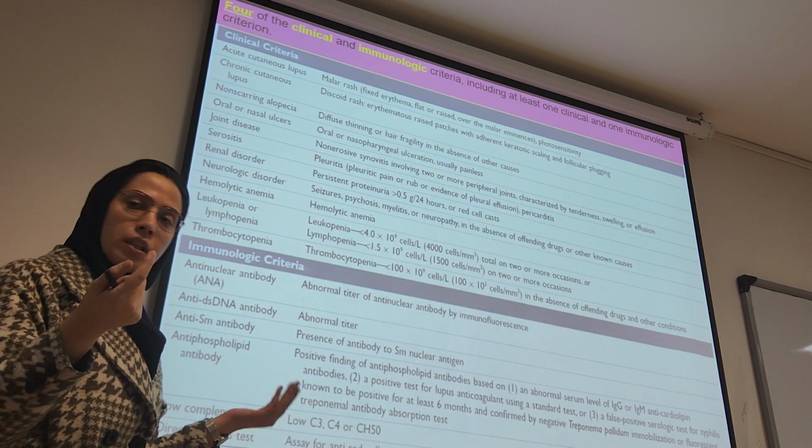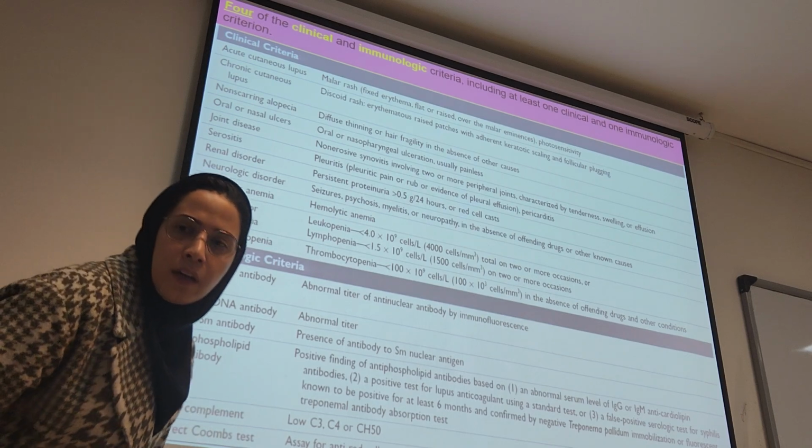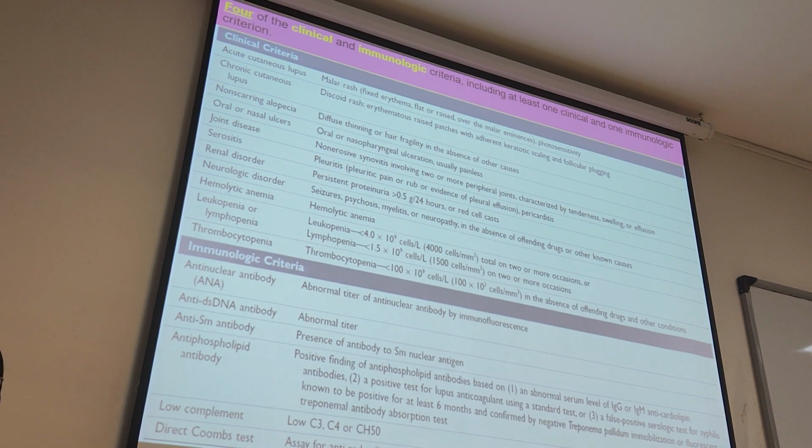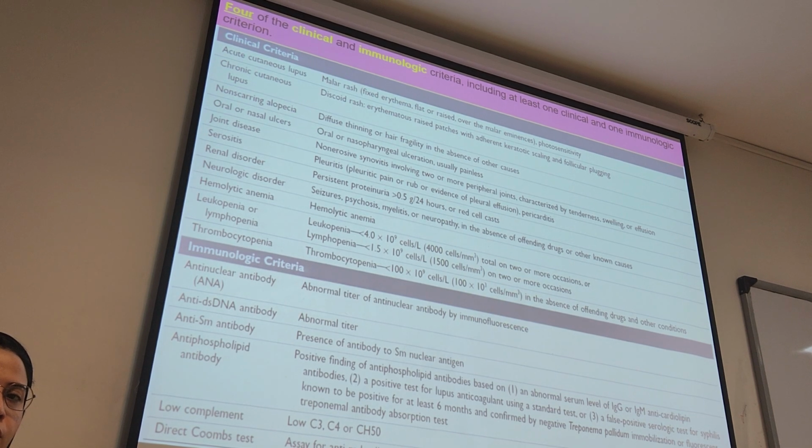Hair loss. Yes, you may have hair loss. And sometimes you may have ulcers in mucosa, for example, oral ulcers or nasal ulcers. These are the mucocutaneous symptoms of lupus. Each of them is a separate criterion for diagnosis of lupus.